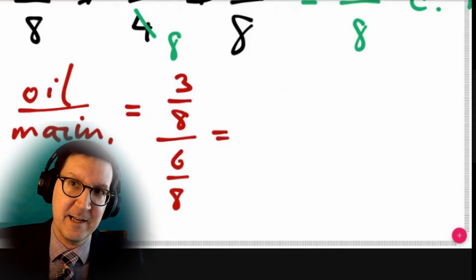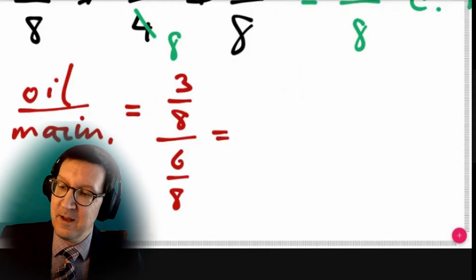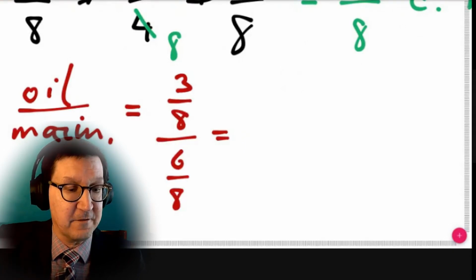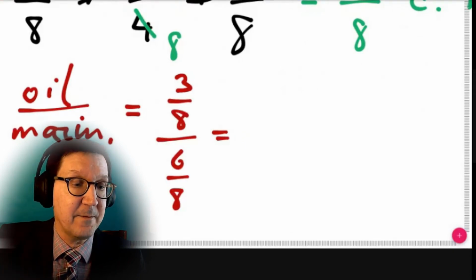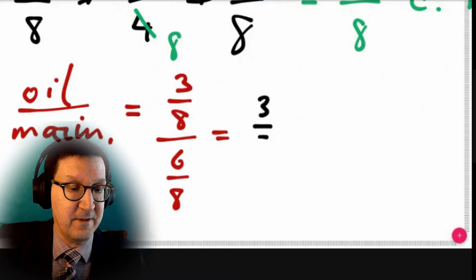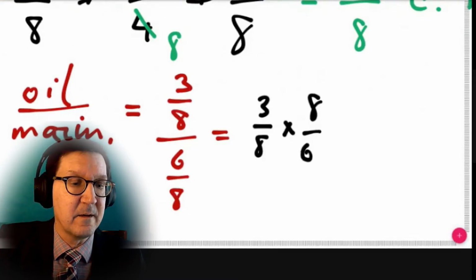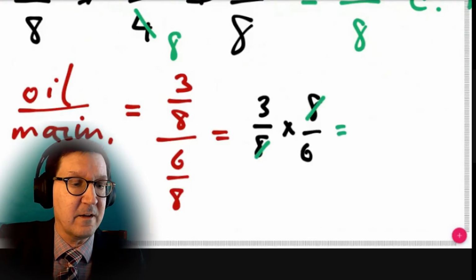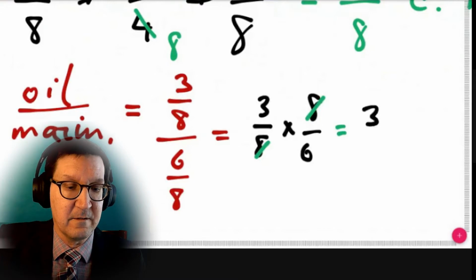So if we divide that, we'll find out how much he needs for 1 cup of marinade. 3/8 divided by 6/8, which is the same thing as 3/8 times 8/6. Those two 8s cancel out, and we end up with 3/6, or 1/2.